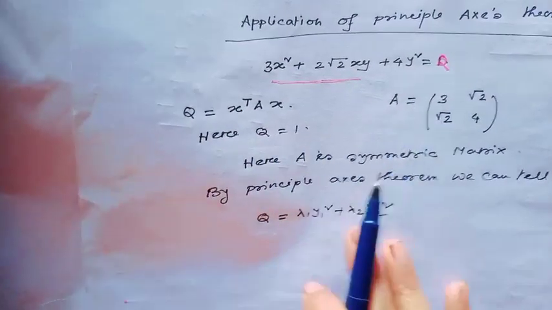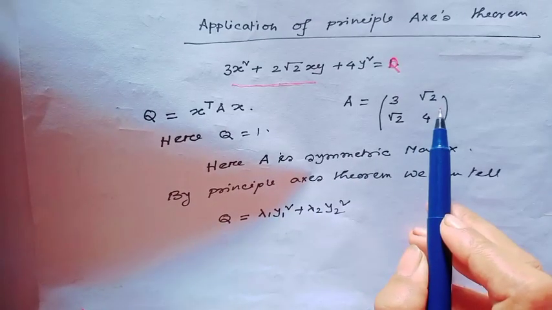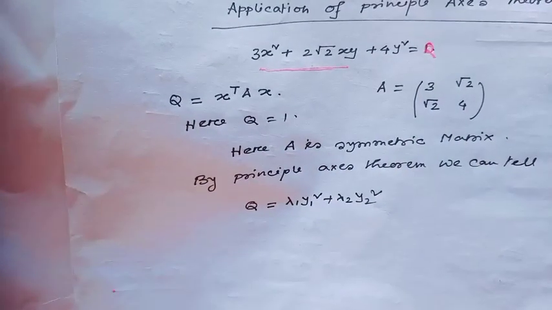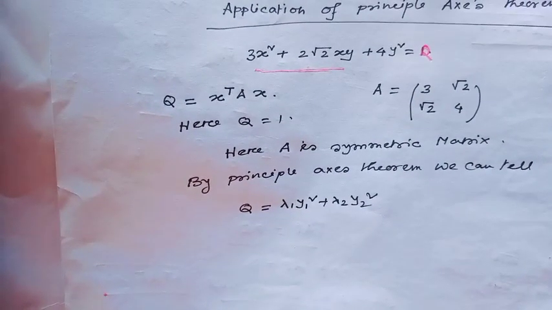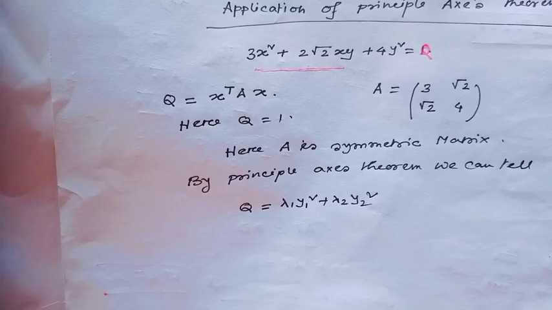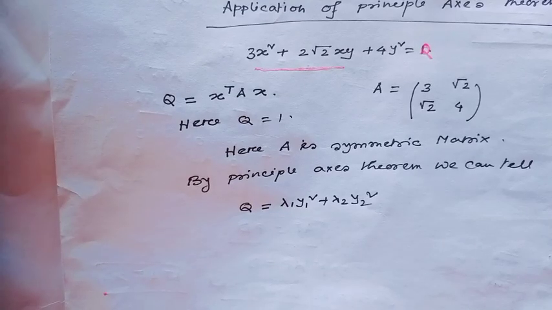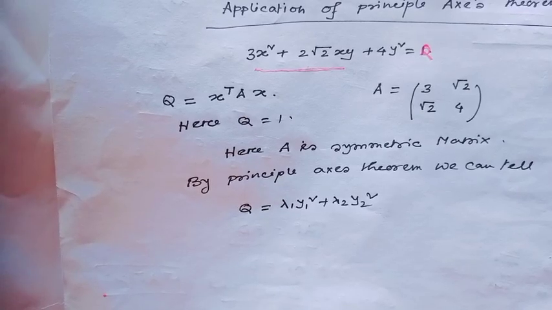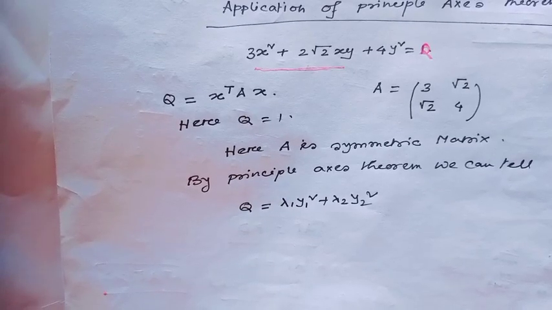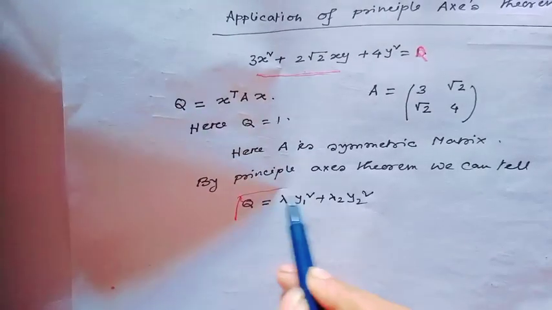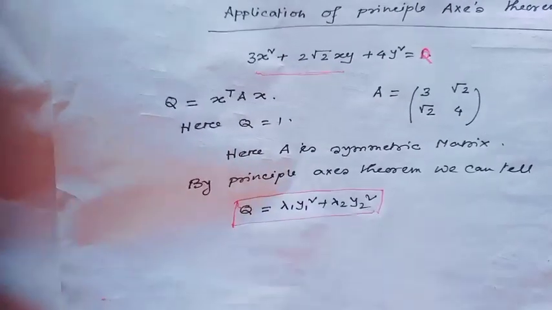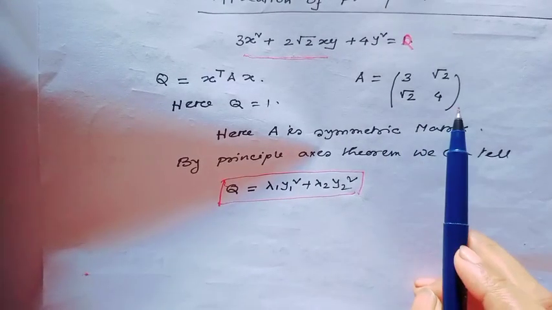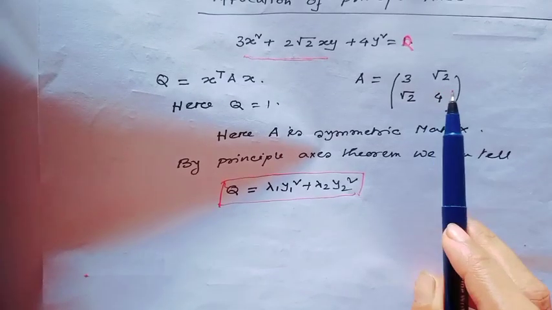Here the matrix A equals 3, square root of 2, square root of 2, 4, and consider q equal to 1, and notice here the matrix A is a symmetric matrix. Then by the principal axis theorem we can tell q is represented as lambda 1 y1 square plus lambda 2 y2 square, and obviously lambda 1 and lambda 2 are the eigenvalues of this matrix.